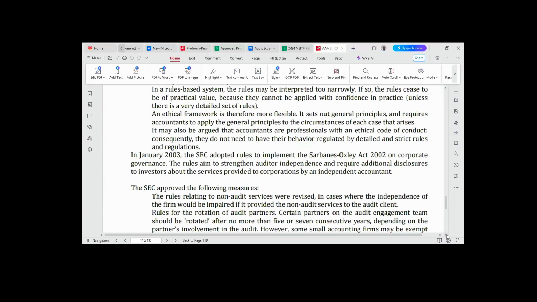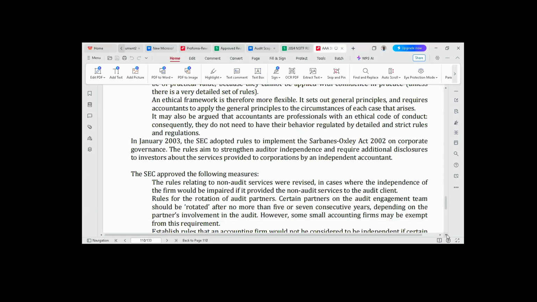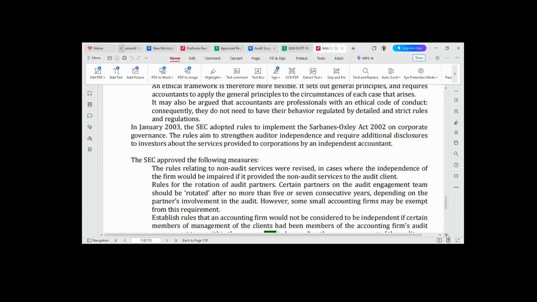So let me explain. You are the external auditor of the company, ABC Nigeria Limited. Now, they also want you to carry out internal audit outsourcing function for them. So what that implies is that whoever is going to be involved in the internal audit outsourcing function should not have been part of the team that carried out the audit engagement. That's what we mean.